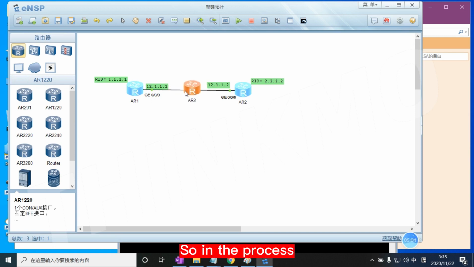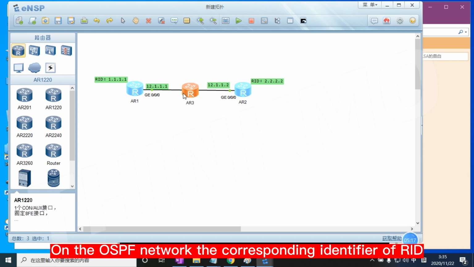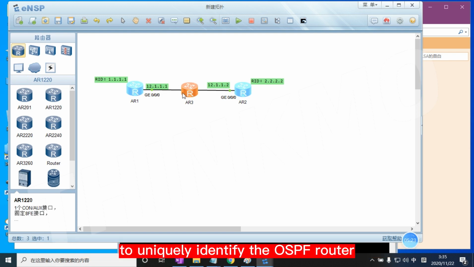So in the process, we talked about the DR advertising the IP address of its own interface. Let's figure out the purpose of its interface IP address first. On the OSPF network, the corresponding identifier is the RID, to uniquely identify the OSPF router. You have a virtual router.